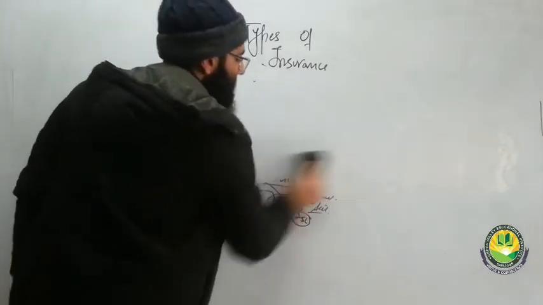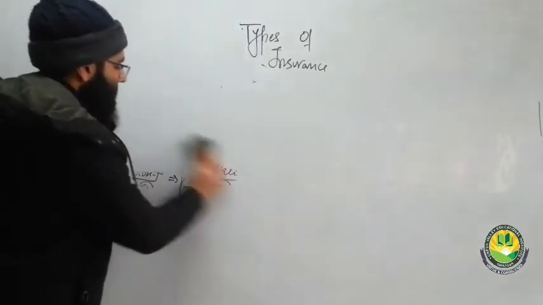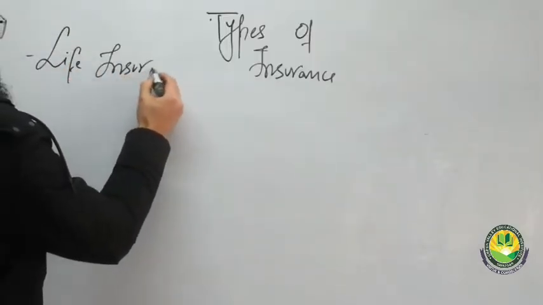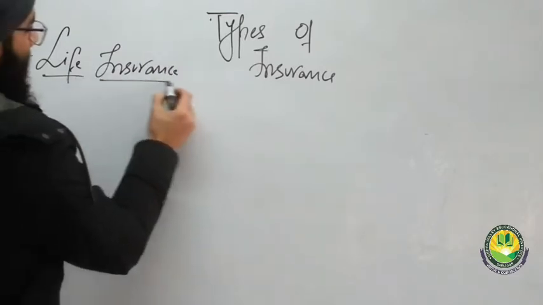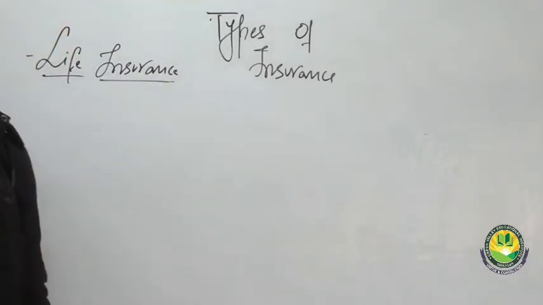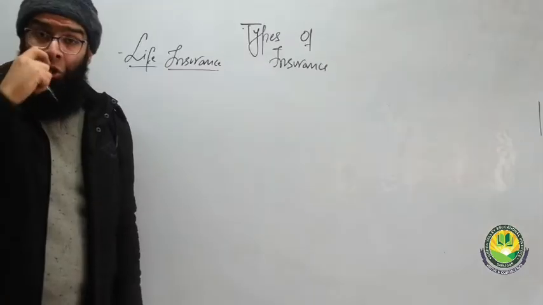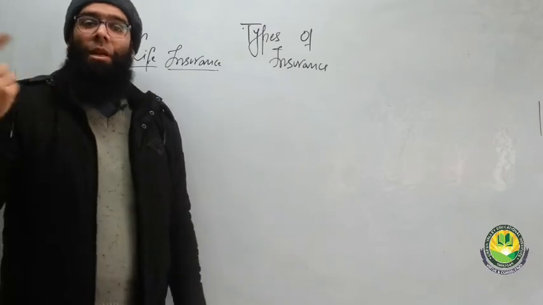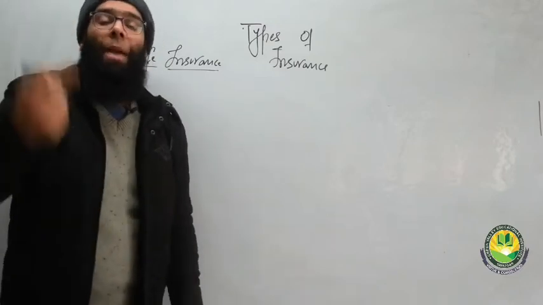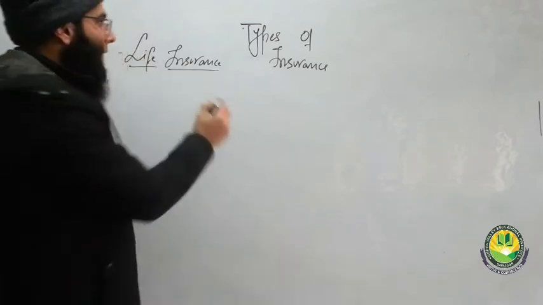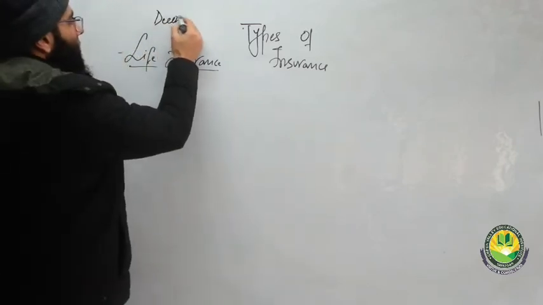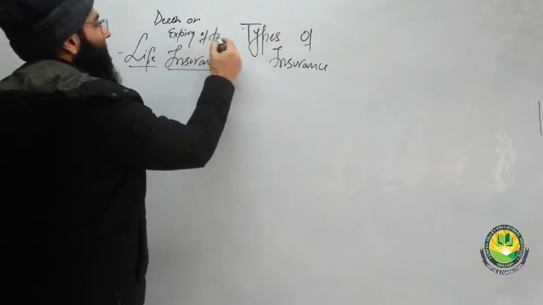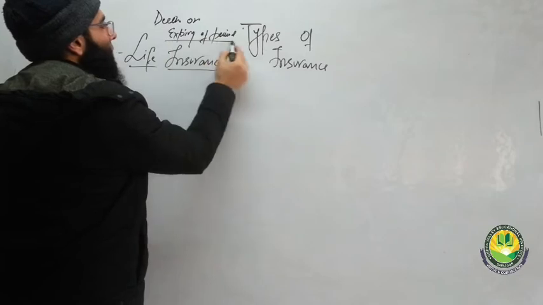Then the second type is life insurance. Again, life insurance is a contract wherein the insurer, in consideration of a sum called premium, takes up the damages or pays the amount in case of death or expiry of a period, or we can say maturity of a period.